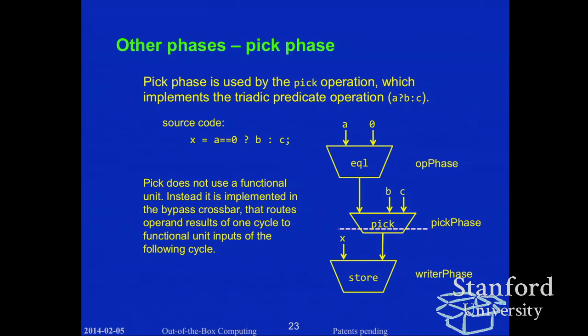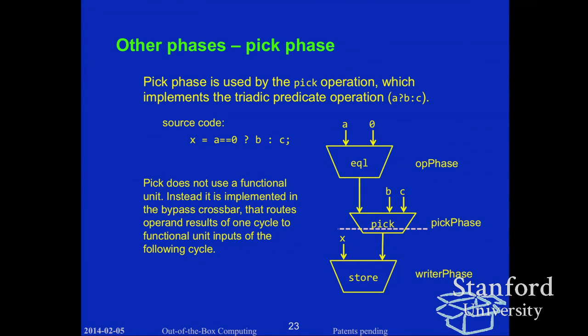Well, pick phase, which is used by the pick operation, which is the question mark colon primitive of C, doesn't actually use the functional unit. It's not like an add, which has an adder. Instead, pick is implemented in the data distribution network called the crossbar, which communicates data across a cycle boundary from one cycle to the next.